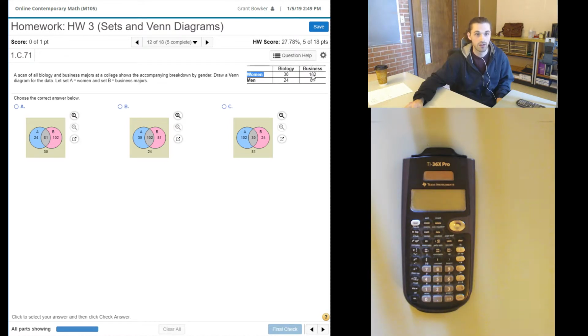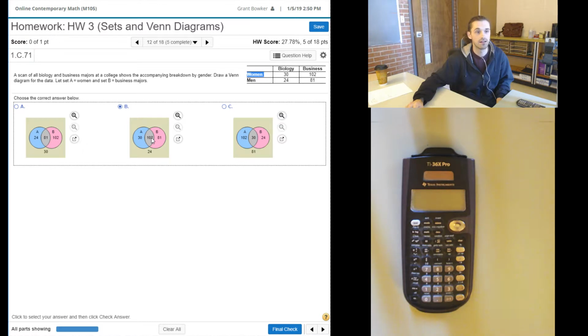So women that are business majors, well, there's 102 of them, right? There's 132 total women. That'd be the 102 plus the 30. And we know 102 women are business majors. So 102 women are business majors is reflected within this second Venn diagram. 102 women are also business majors.